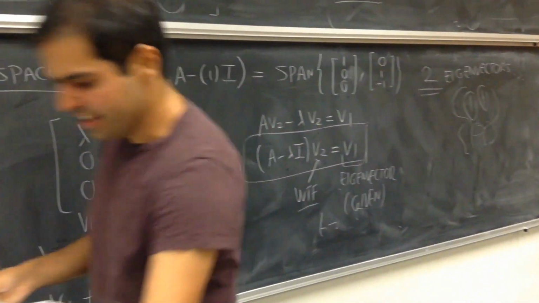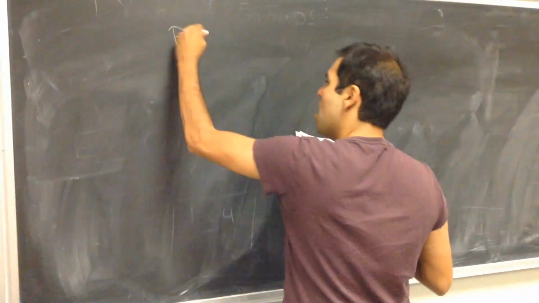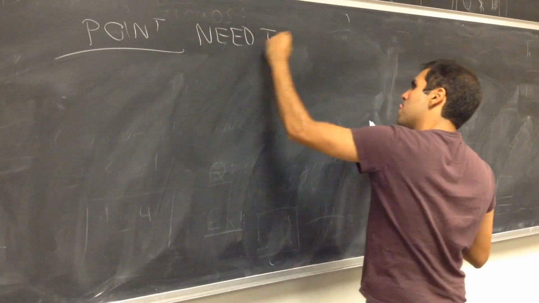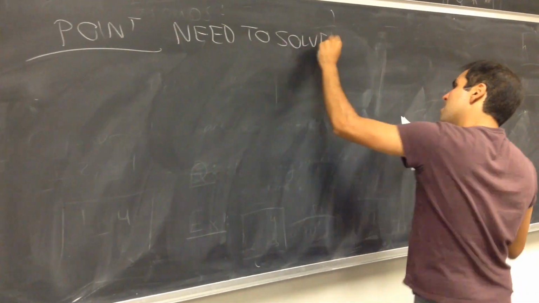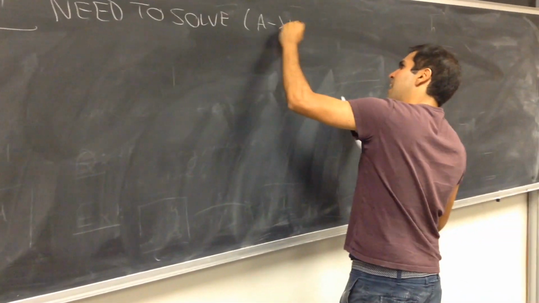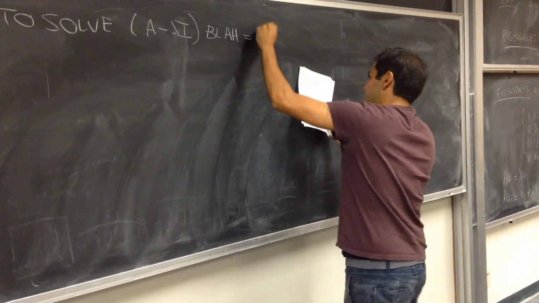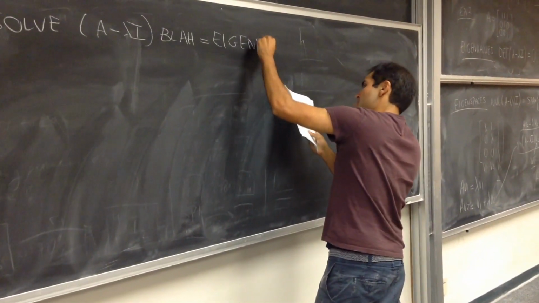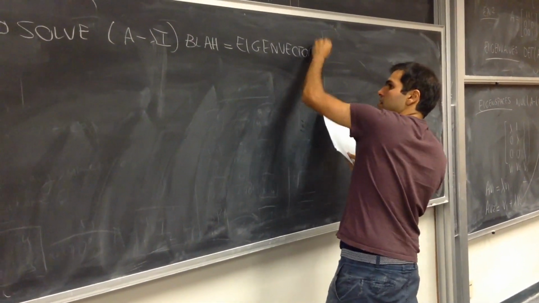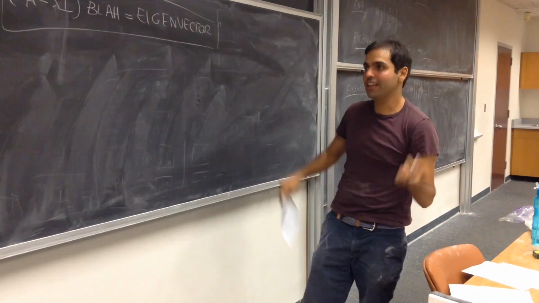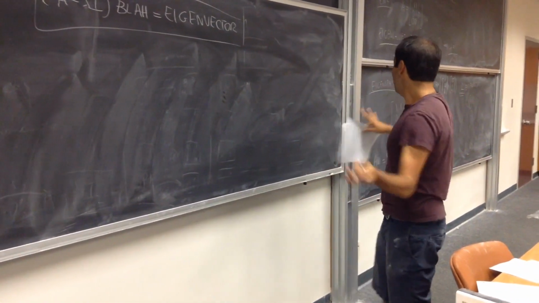And so let's do this. We need to solve A minus lambda I times blah equals an eigenvector. This is the magic equation, if you like. Okay, well look, sorry, go back to this equation.